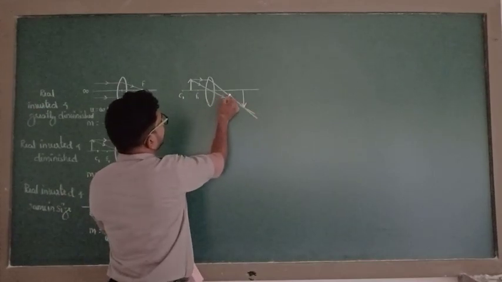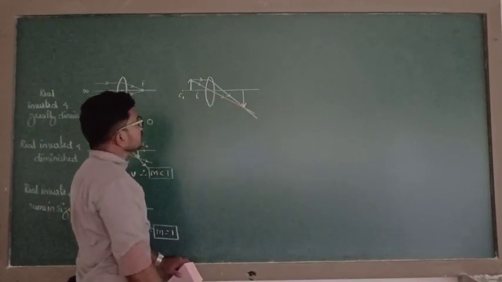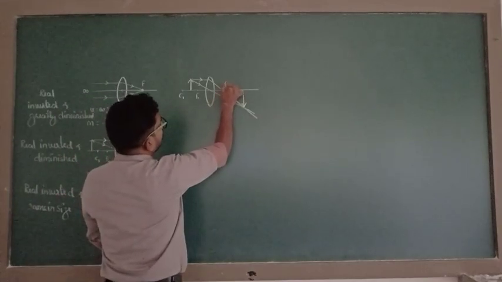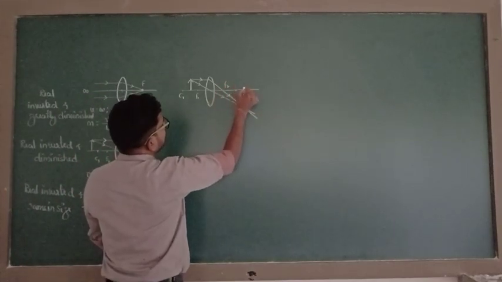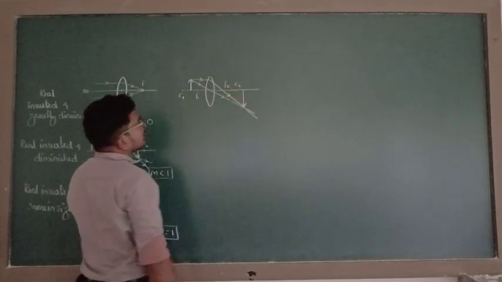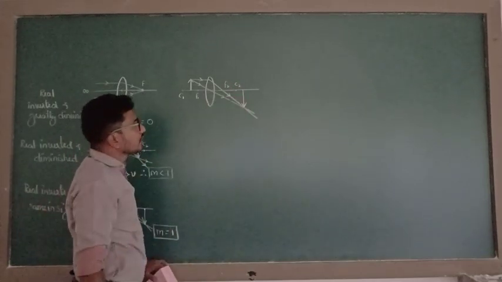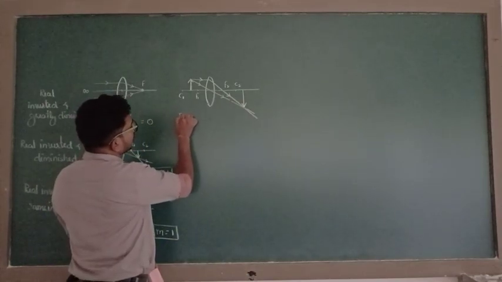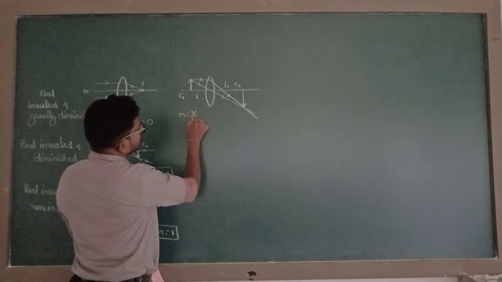Direction of refracted light rays. So this is F2. Let us say this point is C2. Image lies beyond C2.